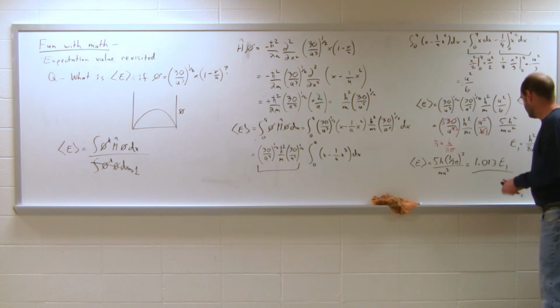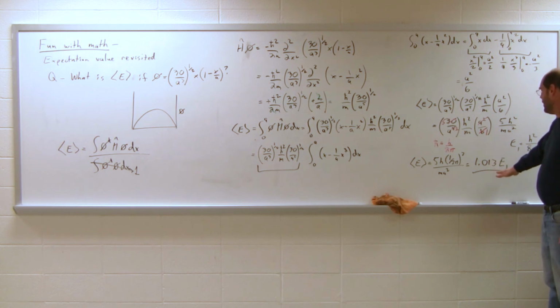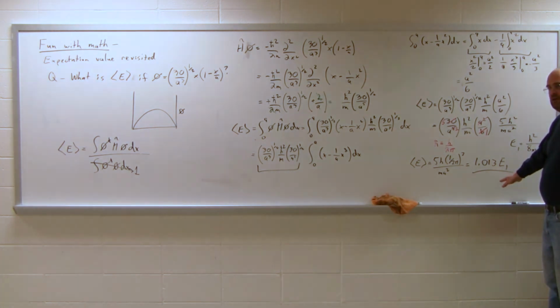The energy, it turns out, is just a small amount higher than the actual energy of the first level. And that's something we'll see later that we call the variational principle. The variational principle states that the energy of any approximate wave function must be higher than the ground state.